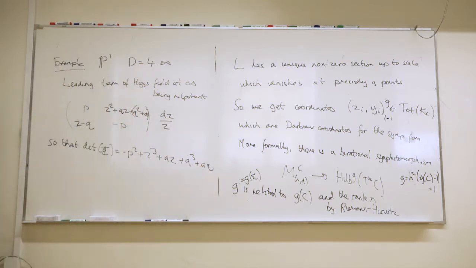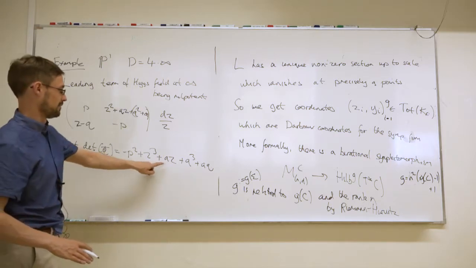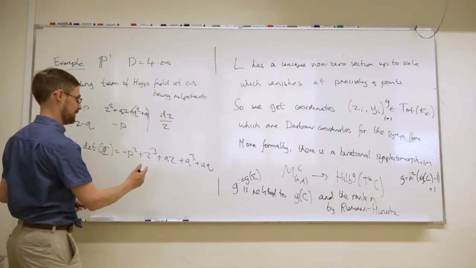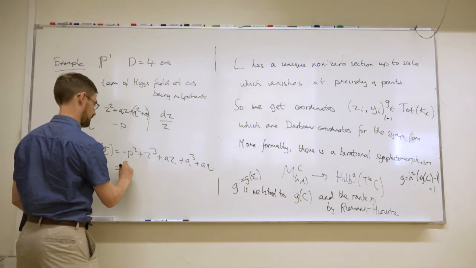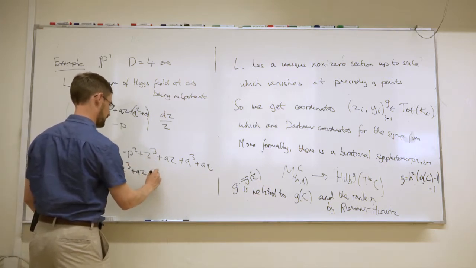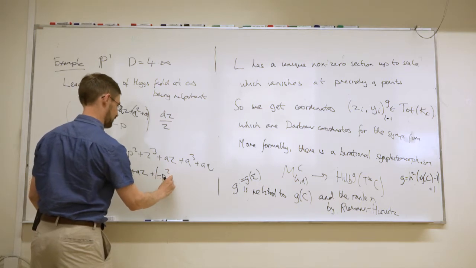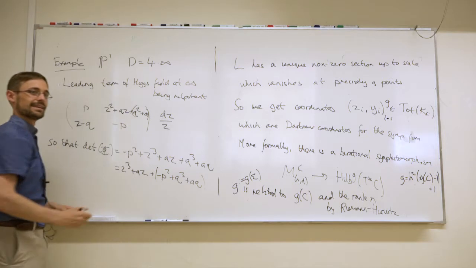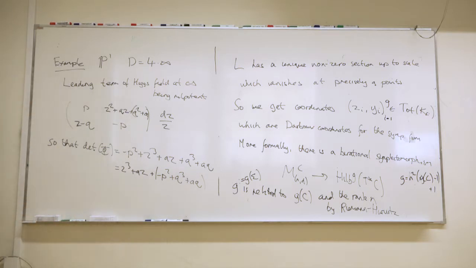Okay, so here you have this Hitchin integrable system where the spectral curve you recognize as an elliptic curve in Weierstrass form, with this rather funny constant term.